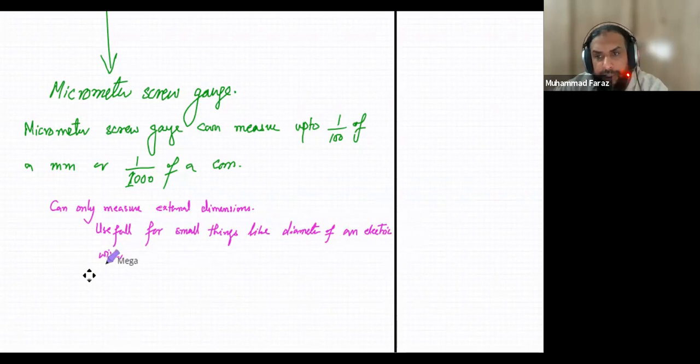If we want to measure how wide or how thick a single wire of electricity is, we use a micrometer screw gauge because that is very good at measuring things that are very, very small.